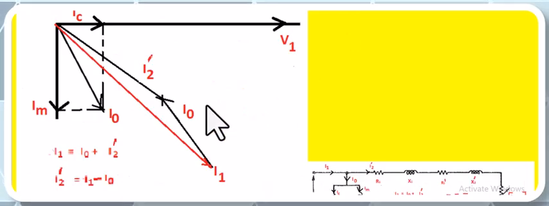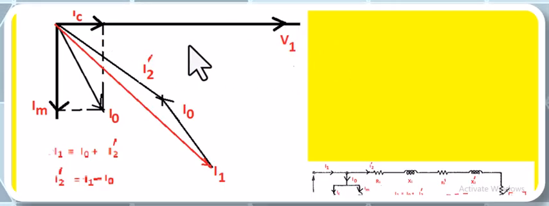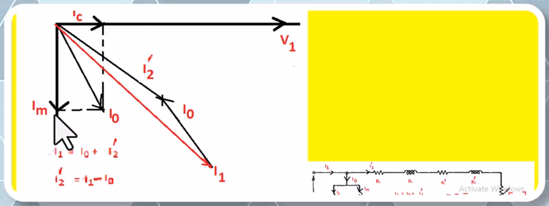Once all those things are known, the equivalent circuit parameters can be drawn like this, that is, the voltage and current vectors are shown like this. This is the applied voltage V1, and this is IC, which is in phase with V1, and IM lags V1 by 90 degrees like this. The resultant of IC and IM is I0, and I1 is drawn at a certain angle lagging the applied voltage like this.